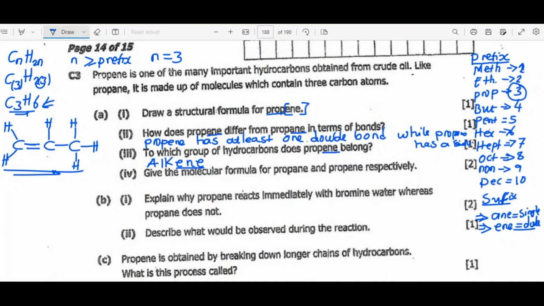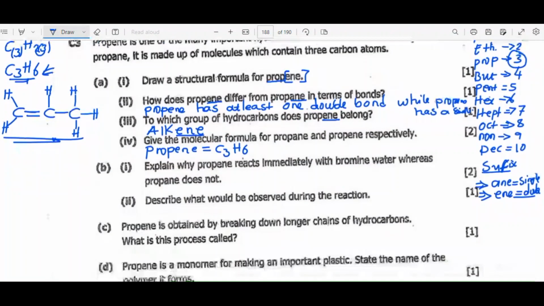Now number 4, give the molecular formula for propane and propene respectively. So for propene, we have it. Propene has C3H6. Now let's calculate the molecular formula for propane. Now the general formula for alkanes family is CnH2n+2.